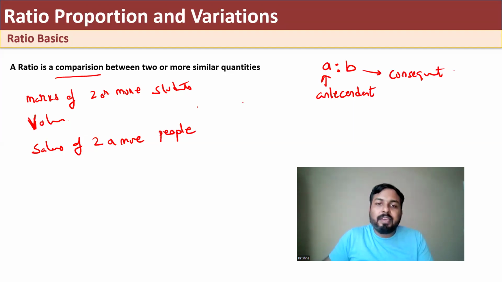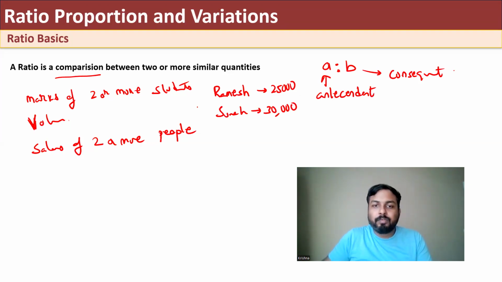So let's say Ramesh's salary is 25,000 rupees and Suresh's salary is 30,000 rupees. What is the ratio of their salaries? The ratio of their salaries is 25,000 by 30,000.